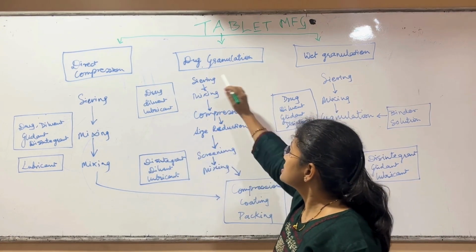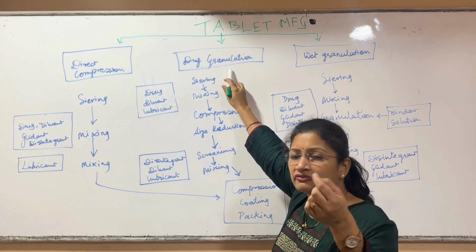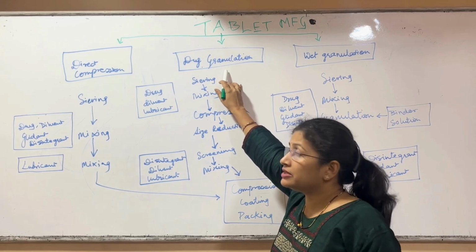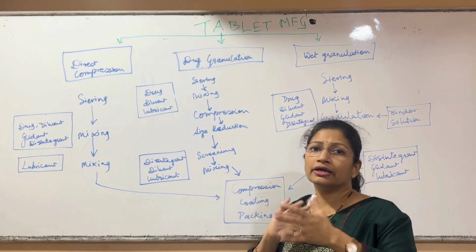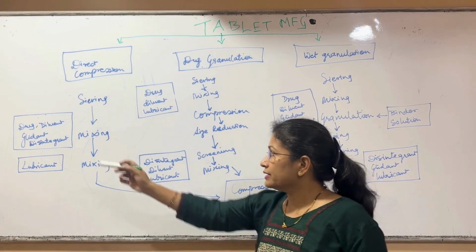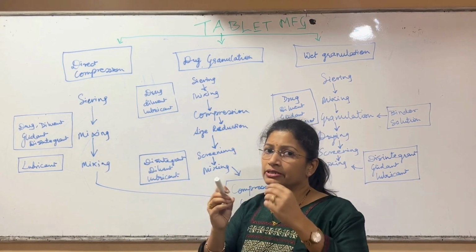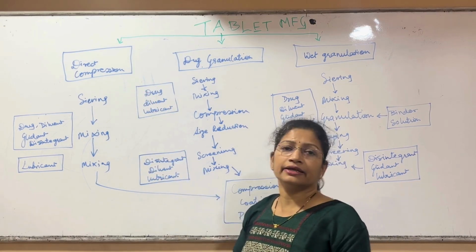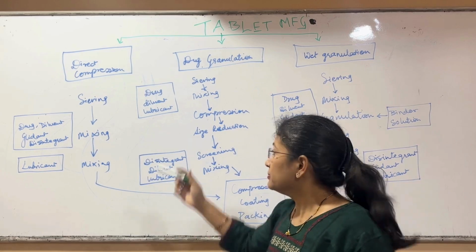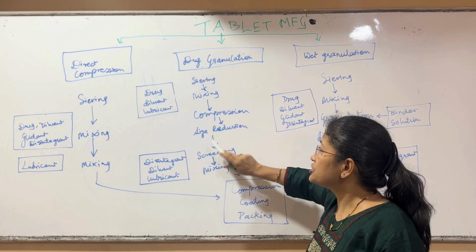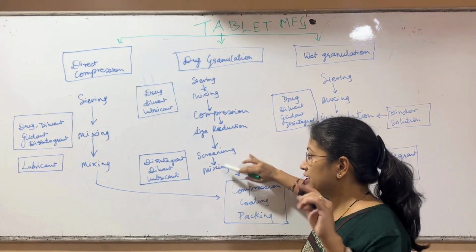Then next is dry granulation, wherein we create small granules of API and excipient. This will depend upon the adherence qualities of API and excipient. Here the excipients and API adhere to each other, they stick to each other, hence direct compression can be implemented. When it comes to dry granulation: sieving, mixing, compression, size reduction, screening and mixing.